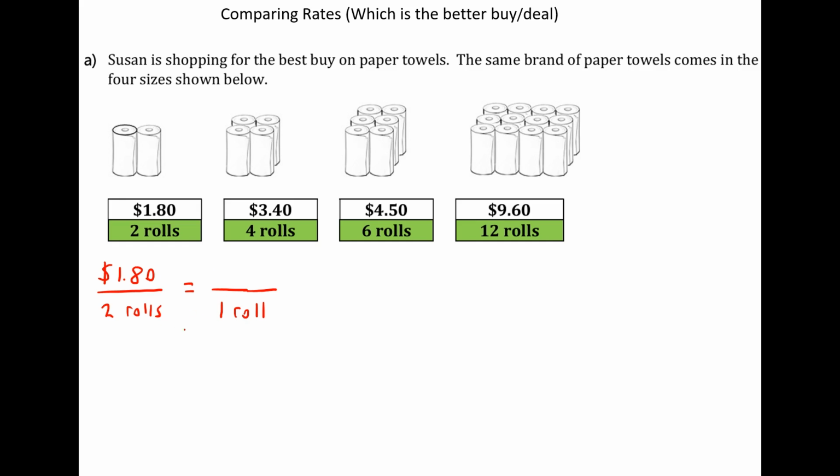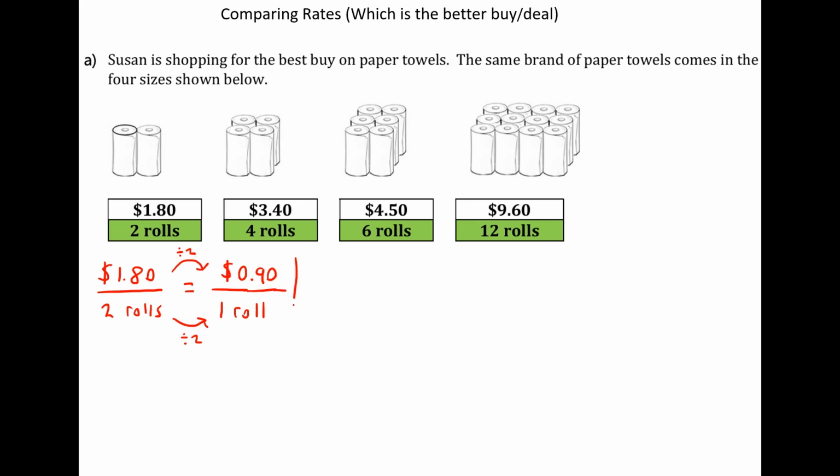So now, how do I get from 2 to 1? Well, I simply divide 2 by itself. So 2 divided by 2 gets me 1. And what I do to the bottom, I must do to the top. So I'm going to divide 180 by 2, and that's going to get me 90 cents. So for the first one, that's 90 cents per roll.